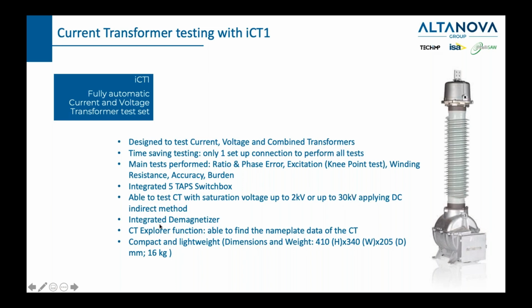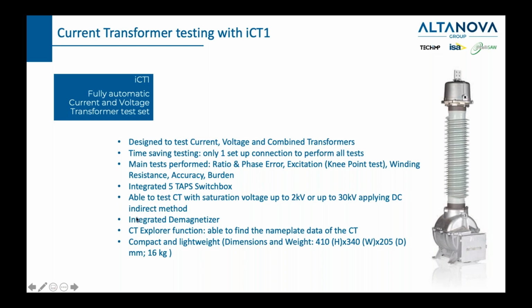Also, there is an integrated demagnetizer. We need to demagnetize our current transformers every once in a while, every few years, because in the BH plane, maybe on the hysteresis curve, the point is quite high, and even without us knowing so, if the fault comes, we can saturate without being aware that we will saturate.